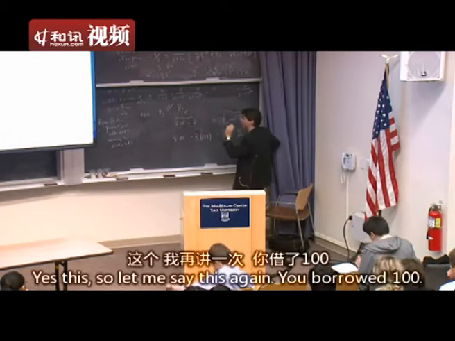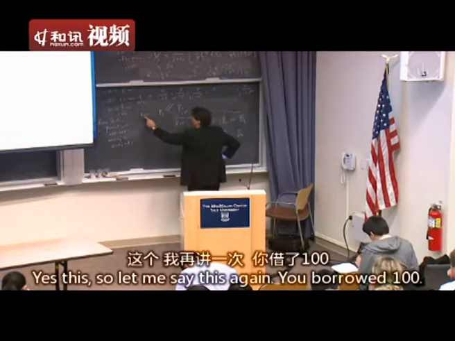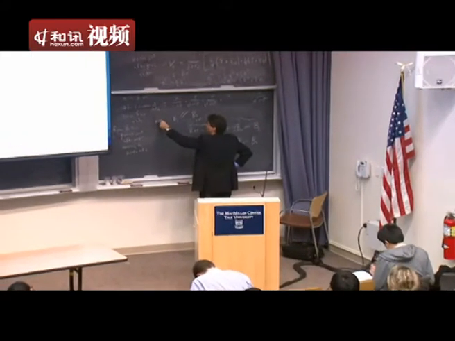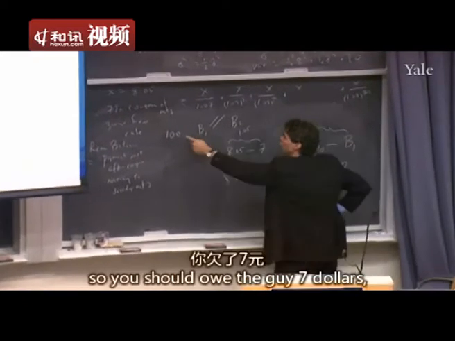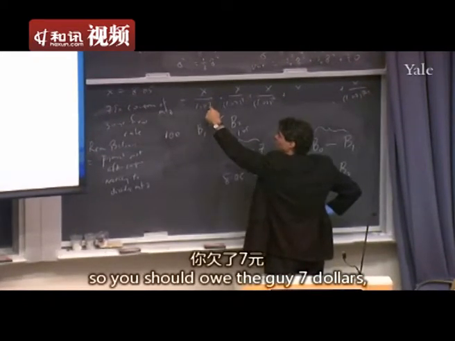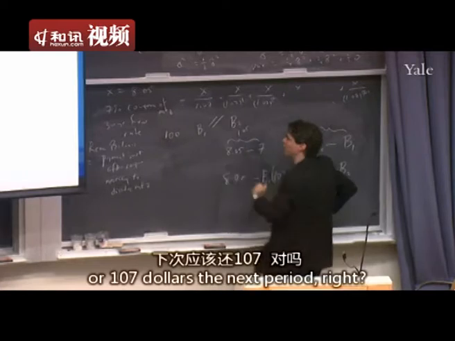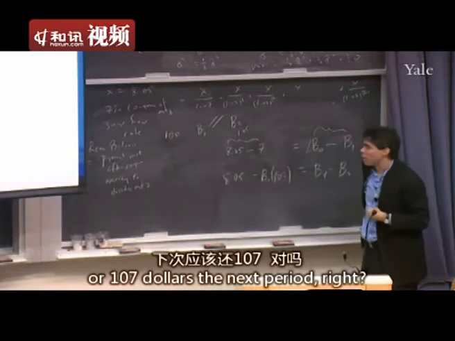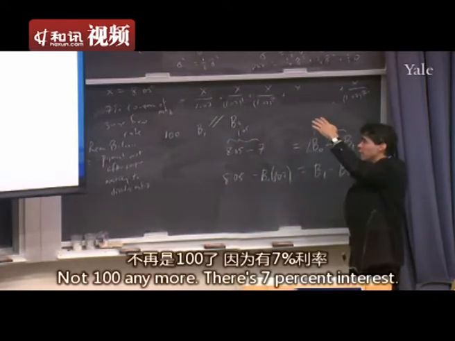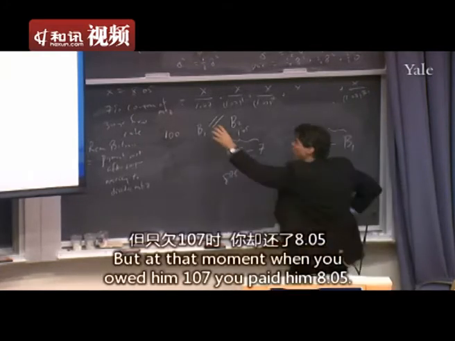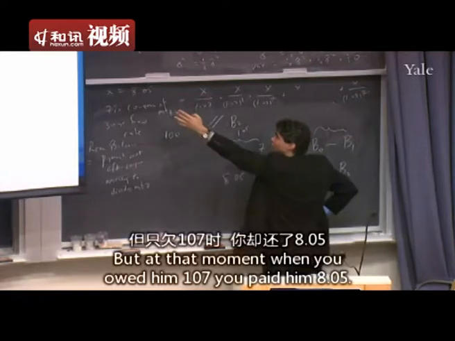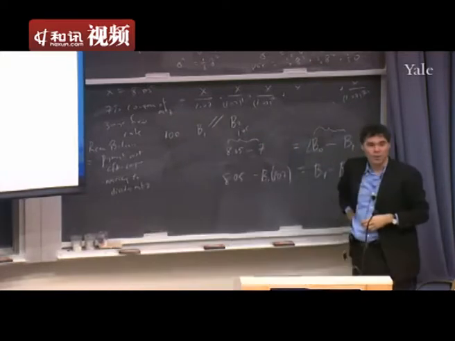Yes, this. Okay, so let me say this again. You borrowed 100. The coupon is the agreed upon interest. So you should owe the guy $7, or $107, the next period, right? Not 100 anymore. There's 7% interest. Now you owe the guy 107, right? But at that moment when you owed him 107, you paid him 8.05.